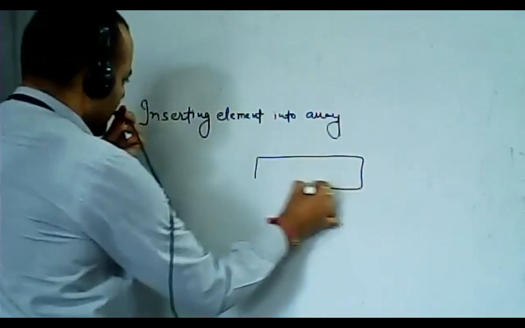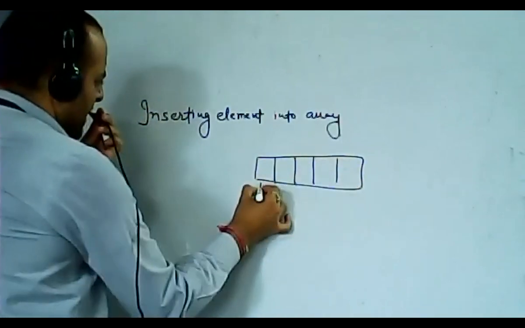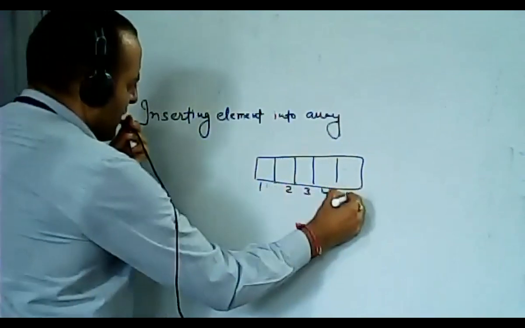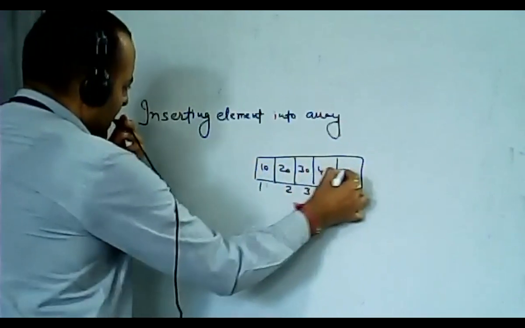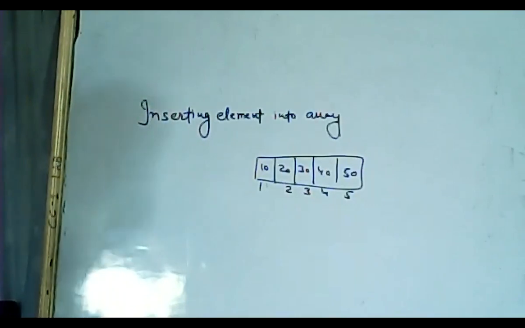First we will do an example, then we will do the algo for it. The index is 1, 2, 3, 4, 5. Elements are 10, 20, 30, 40, 50. Can I insert an element in this array? No, because it is already full.